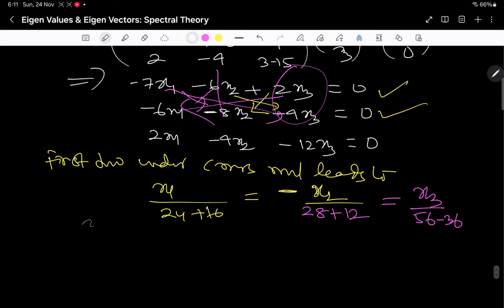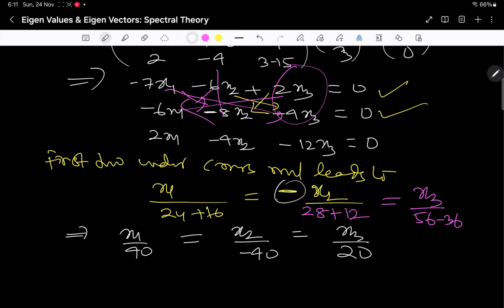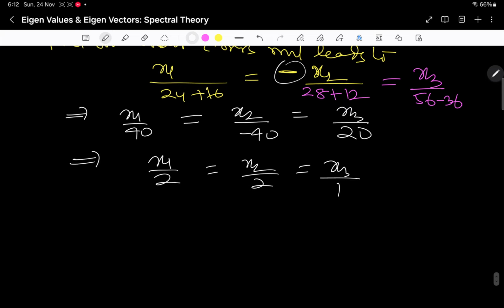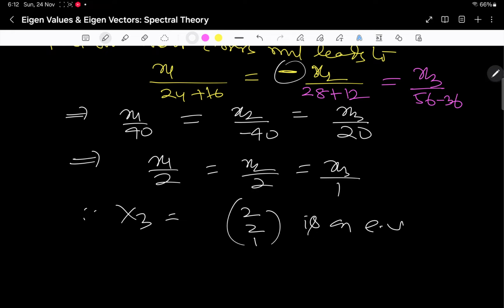So x1 divided by 40 and x2 divided by minus 40 is x3 divided by 20. This minus sign I wrote here. Dividing by 20, I am getting x1 by 2 is equal to x2 by 2 is equal to x3 by 1.